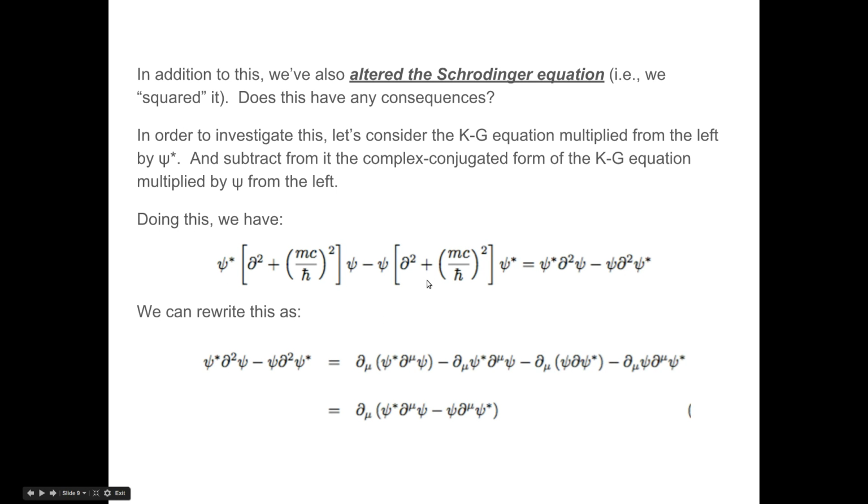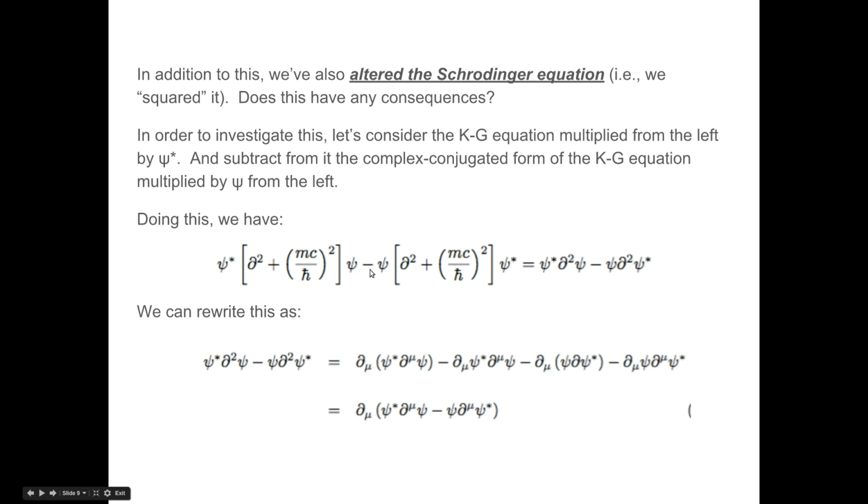And then you take the Hermitian conjugate of the Klein-Gordon equation, which would be this one. So del squared and all this stuff is just real, so it stays the same, and this becomes psi star. You multiply that equation from the left by psi, and then you take the difference between the two.